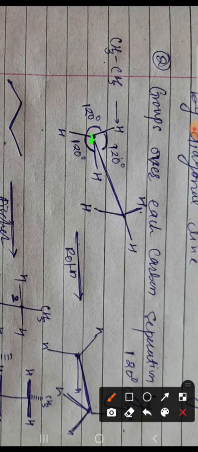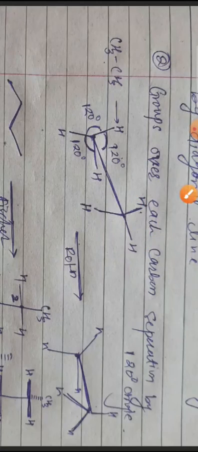This carbon is constant, and this carbon has the rotation. After rotation, we get this molecule like this. Simply done.